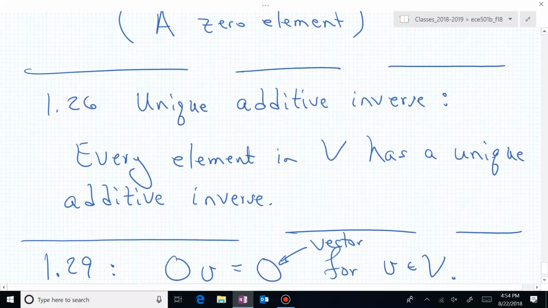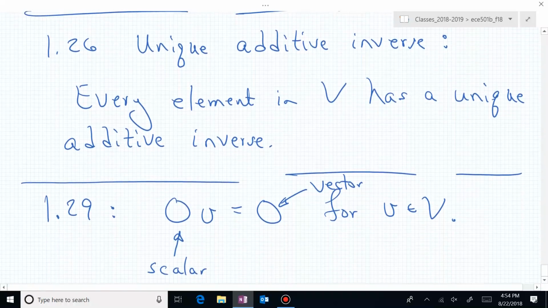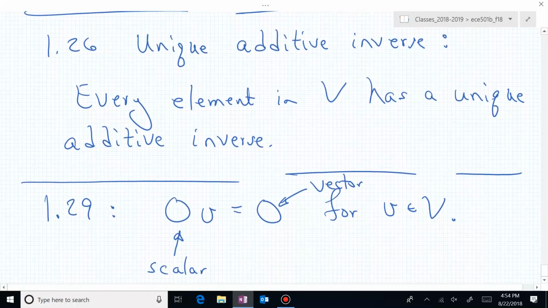We will show that the additive inverse is indeed unique. If we can find a vector that when added to the other vector gives us 0, we can't find another vector in the vector space that's different from that.